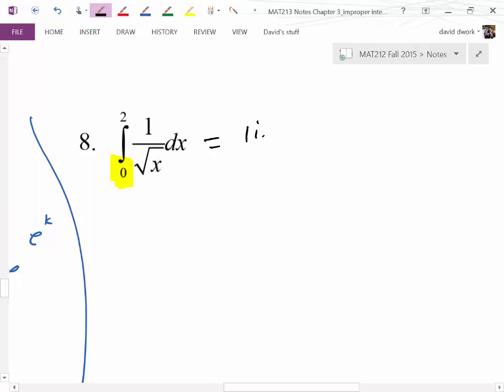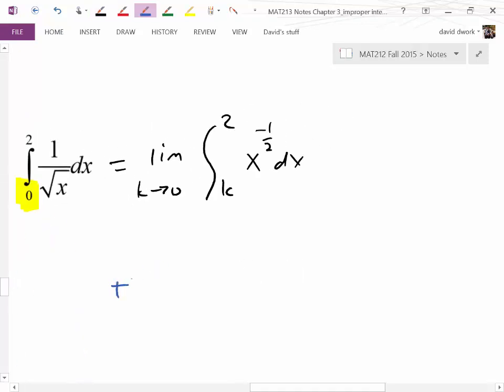So we're going to go ahead and say let this be the limit as k approaches 0, going from k to 2 of 1 over, and if you want to rewrite it, you absolutely could. This is x to the negative 1/2 dx. And that takes up a step. So now, the antiderivative of x to the negative 1/2, that's a power rule.